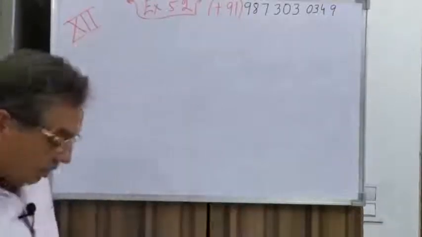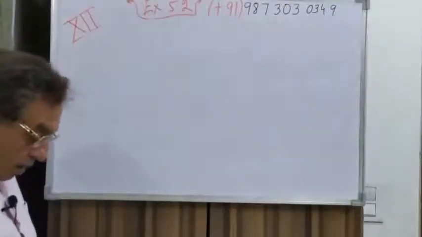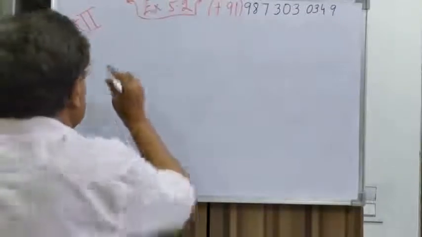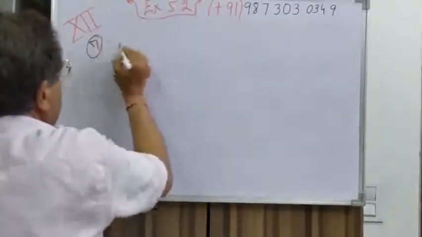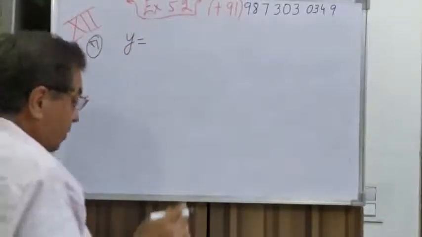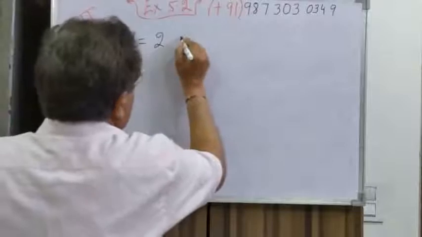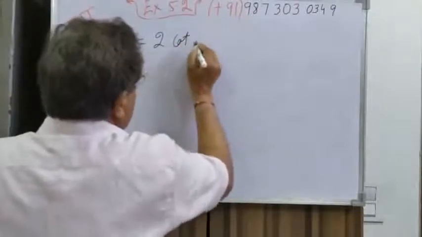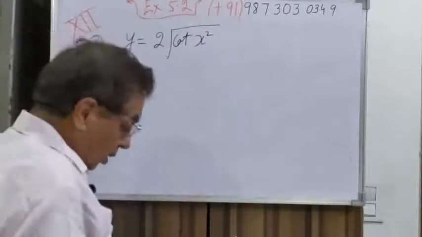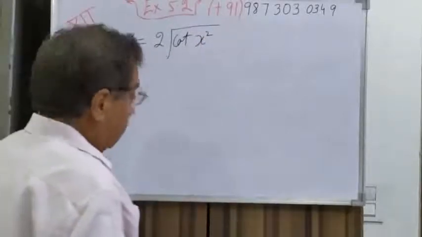The next one is question number 7, that is y is equal to 2 times cot x square under the root.